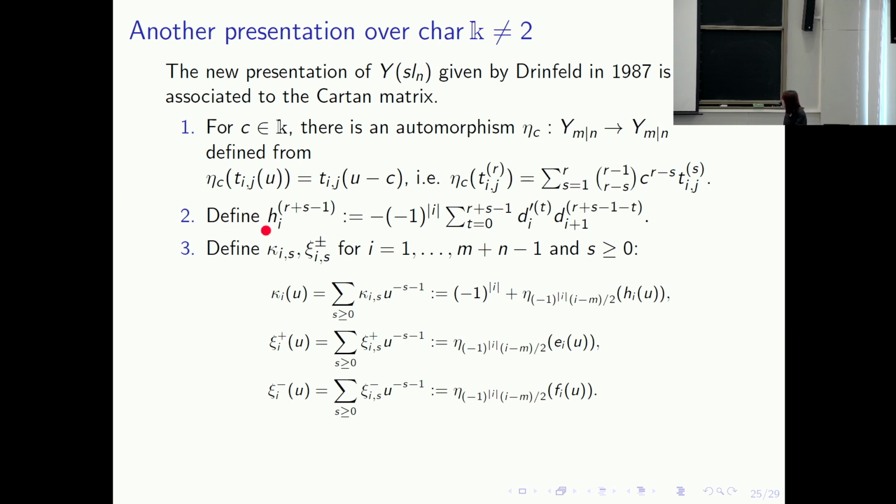We also define h_i plus s minus 1 by d_i prime and d_i. Then we define three new formal power series: chi, xi_i plus, xi_i minus.